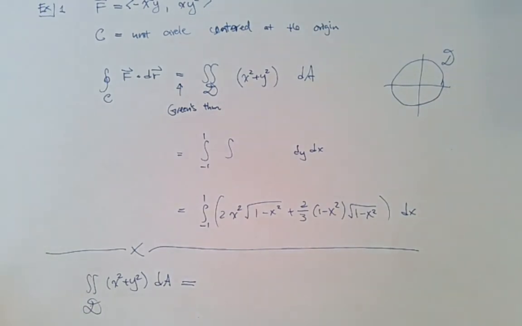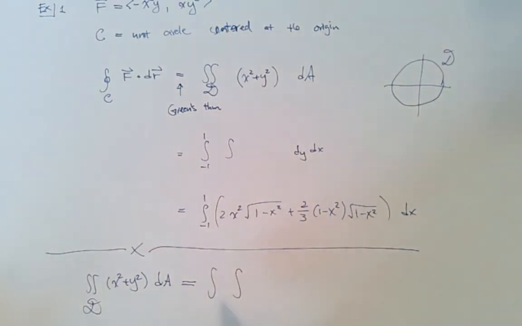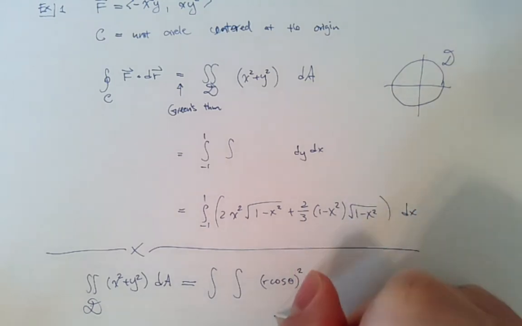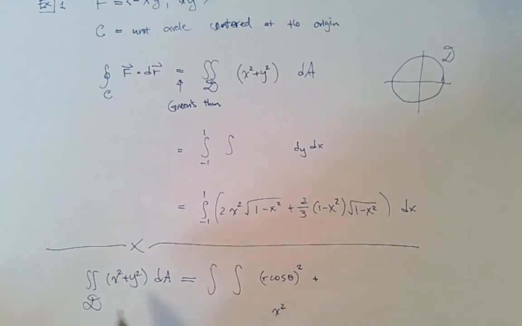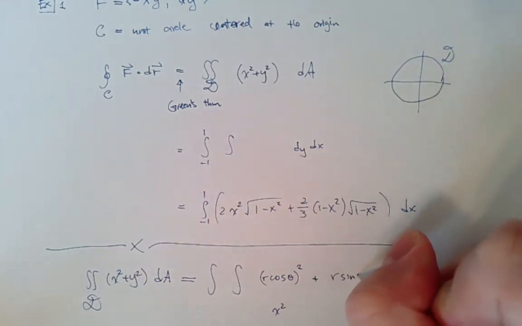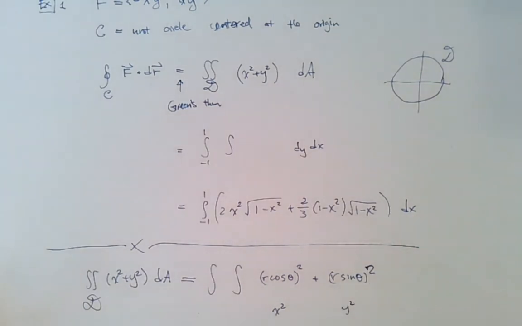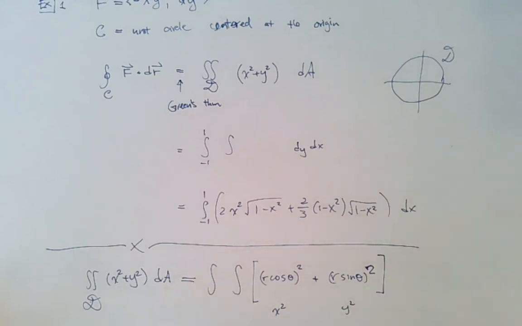integrate this. So then our polar coordinates formula says we need to turn the x squared into, what is x squared? Well, x is r cosine theta. This is x squared. What is y? y is r sine theta. We're integrating this entire thing, and dA is r dr d theta.